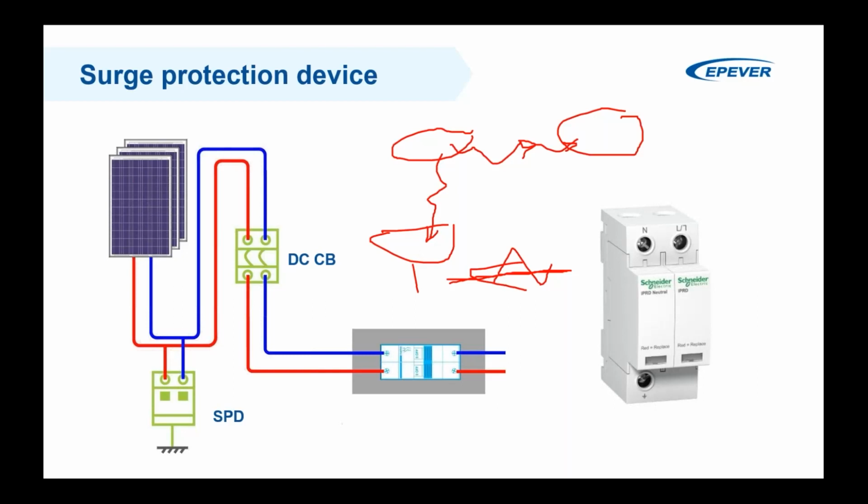Normally, this device is an open circuit, but when the voltage or current exceeds a certain amount, it short circuits and guides the current to the ground instead of to your system, and this protects your system. This is the application of a surge protection device in your system, and there are lots of them in the market, and here you can see a sort of surge protection device.